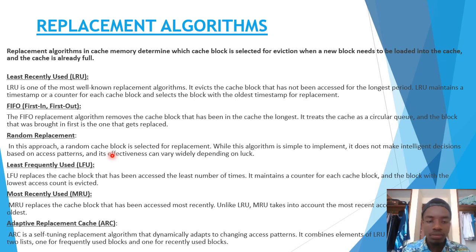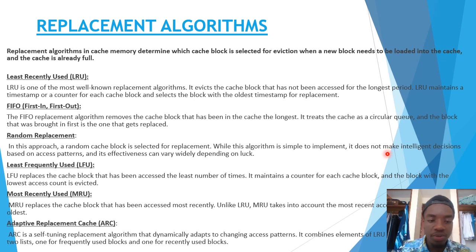The next one is random replacement, just like it sounds. It does this in a random manner. It picks any block at random, it is evicted, and the new block is put there. In this approach, a random cache block is selected for replacement. While this algorithm is simple to implement, it does not make intelligent decisions based on access patterns.